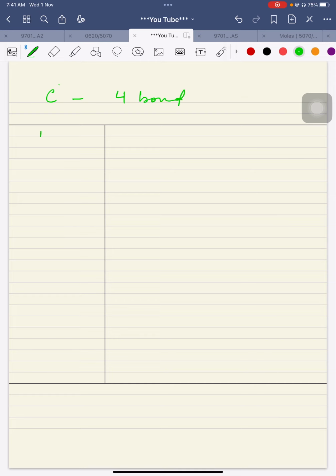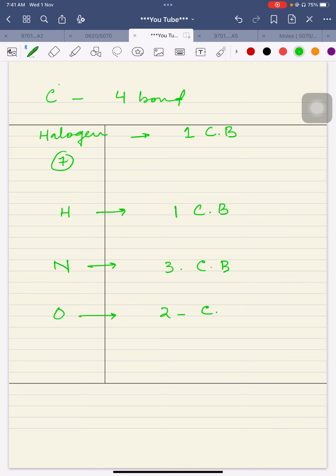Each halogen, which are elements of group number 7, will always make one covalent bond, whereas hydrogen is also going to make one covalent bond. Nitrogen is going to make three covalent bonds, but oxygen is going to make two covalent bonds.